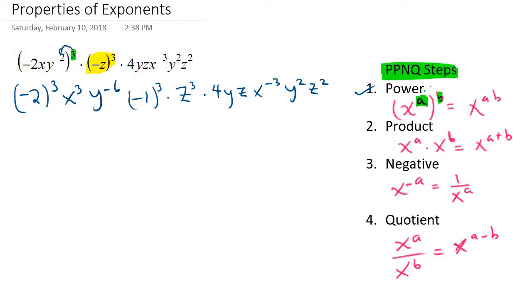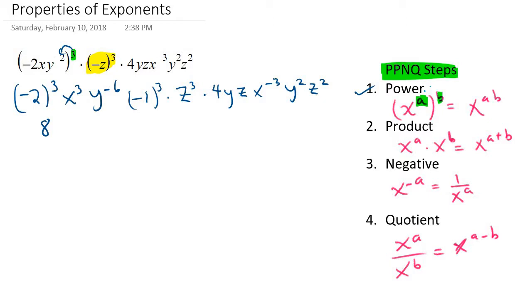We have -2 to the power of 3, which is -8. So we'll do that first. That's -8. And then the -1 to the power of 3 is -1. So -1 times -8 actually becomes just 8. So the negative goes away. We're done with the number.